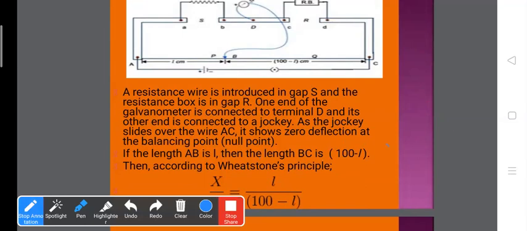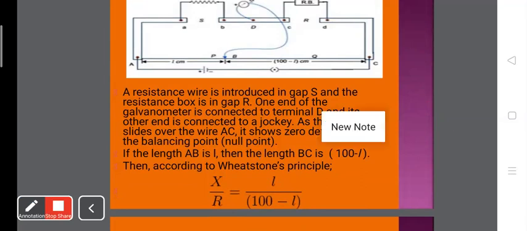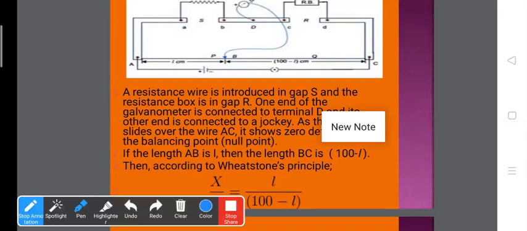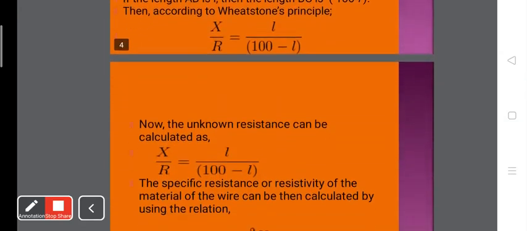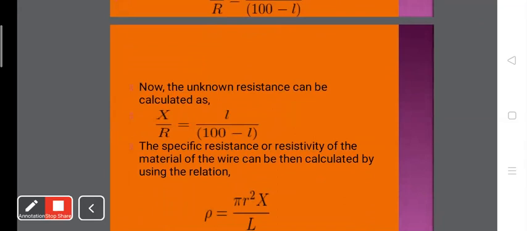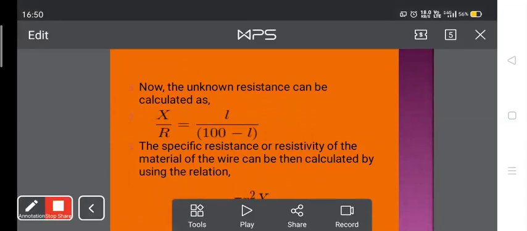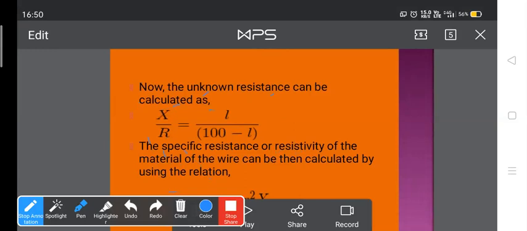So compare this with the Wheatstone bridge, X upon R equal to L upon 100 minus L. We know the principle of the Wheatstone bridge, P upon Q equal to R upon S. So comparing this, we get X upon R equal to L upon 100 minus L. So from this, we get the unknown resistance X equal to L upon 100 minus L into R.